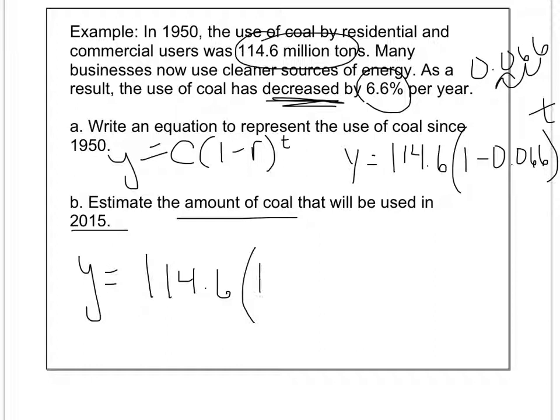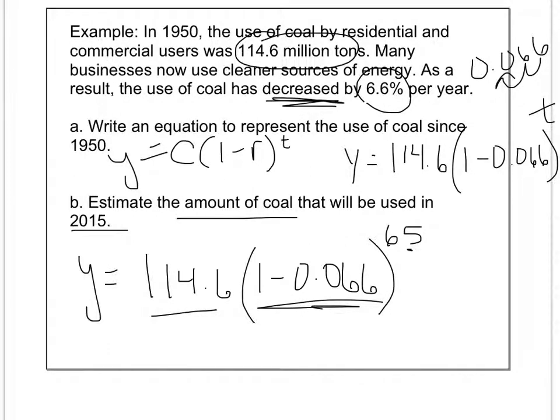That's 65 years. So I'm going to put 65 right here. And then from here, I'm going to subtract inside the parentheses, raise it to that power, and then multiply by 114.6. So once you pause the video, figure out what that answer is going to be, and then we'll check and verify it next time I see you.